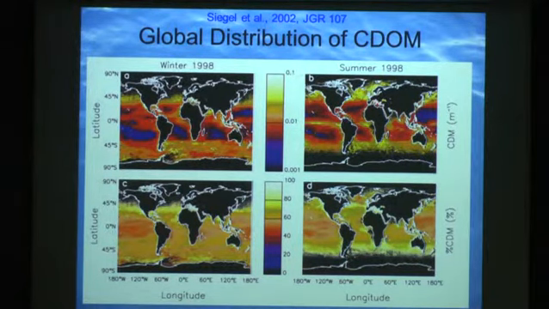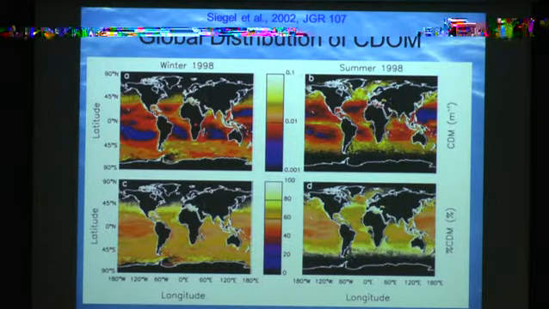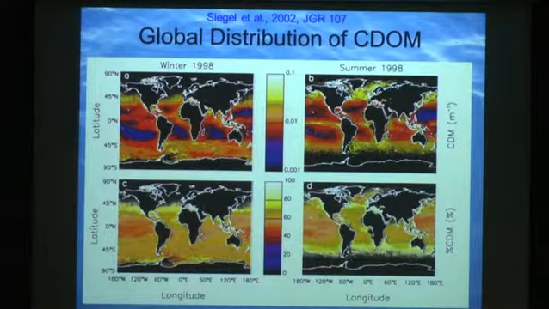This is a satellite compilation from Dave Siegel, published over 10 years ago now, of CDOM distributions globally. And this is measured using probably the 443. Sorry, I didn't put that on there, but it's measured using the satellite response return at 443 nanometers.